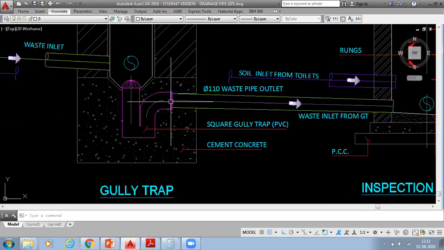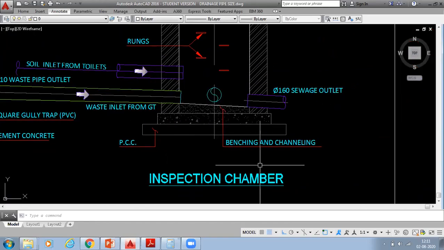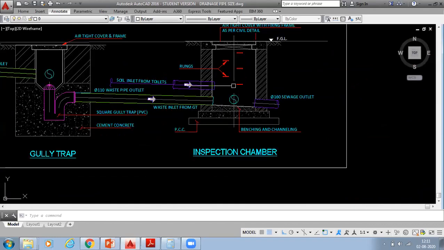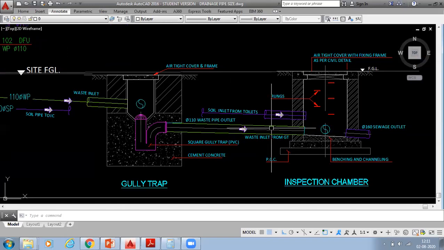After this gully drop, this waste pipe output will be connected with the inspection chamber. This is the sewage inspection chamber. But how are we connecting our sewage pipe? Our sewage pipe will not connect into the gully drop. Our sewage soil pipe will be connected directly into the inspection chamber only, or manhole.